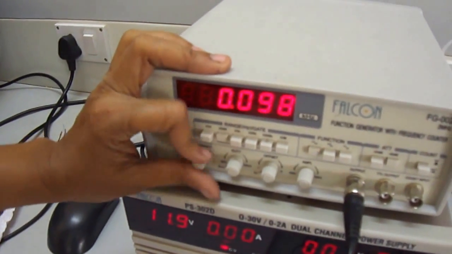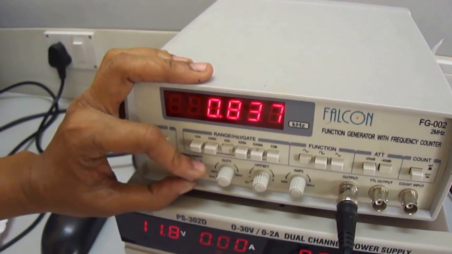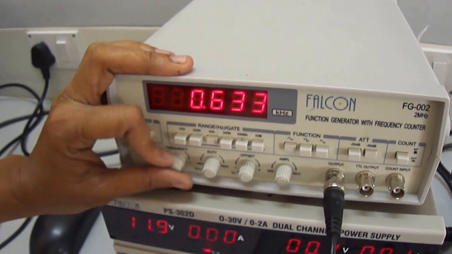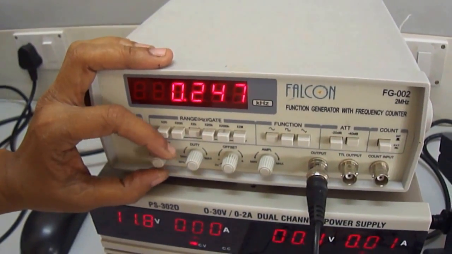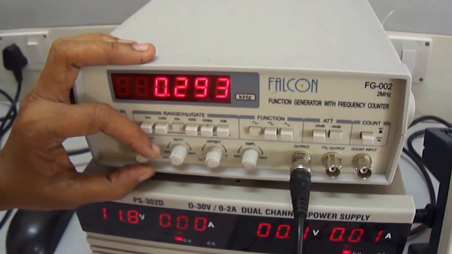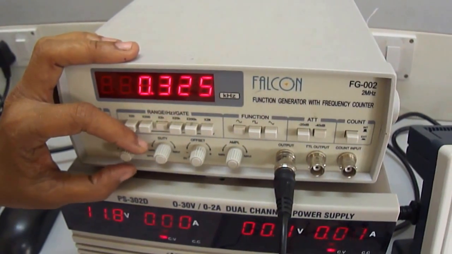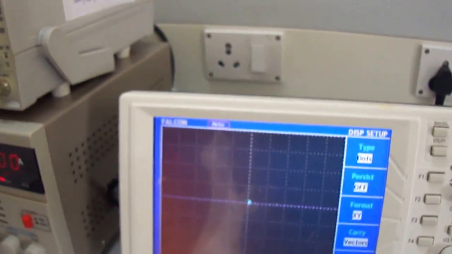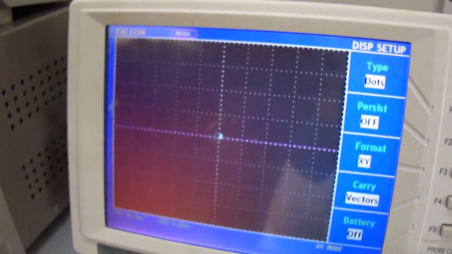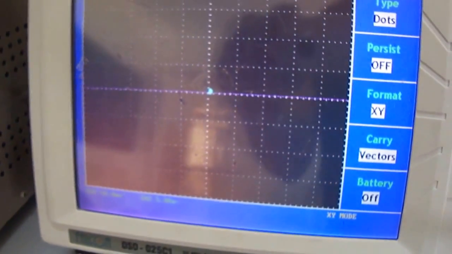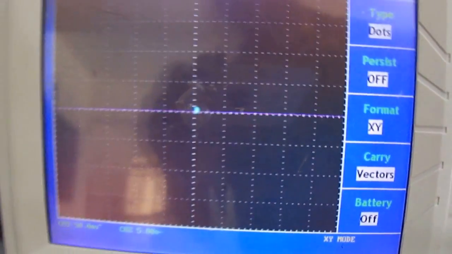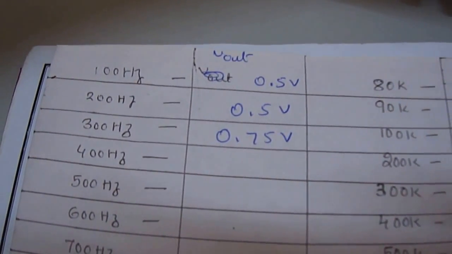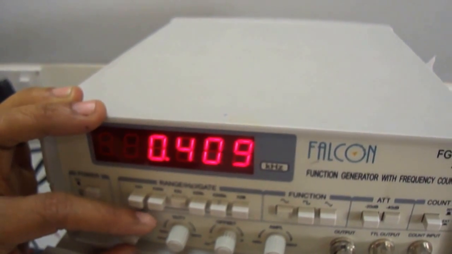Next is 300 Hz. Go for the next and adjust the frequency to 300 Hz. At 300 Hz we are getting 0.75. Then increase the frequency to 400 Hz.